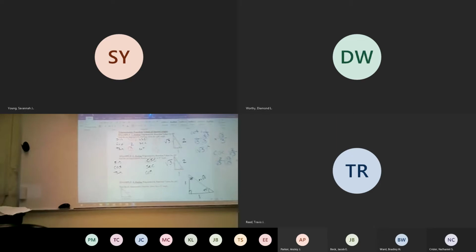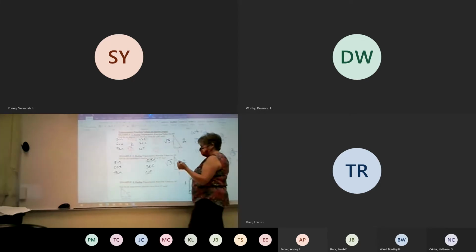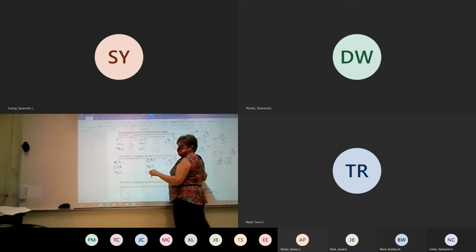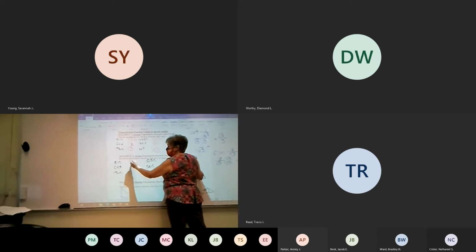So what about the trig functions for 30? We know the sine's going to be opposite over adjacent, right? So the sine of 30 is the same thing as the cosine of 60. So it's going to be 1/2.